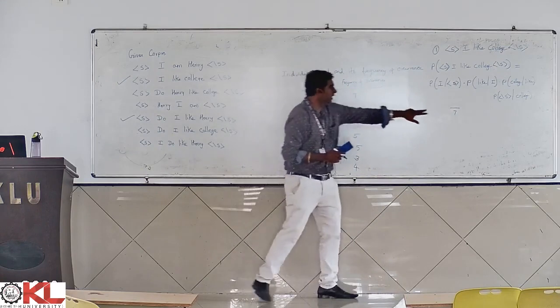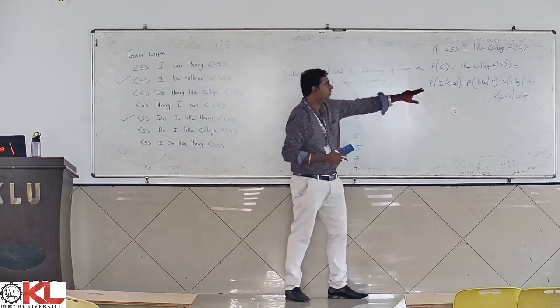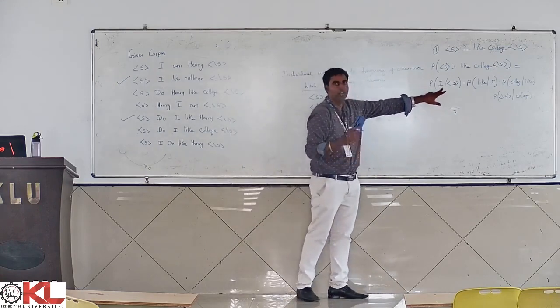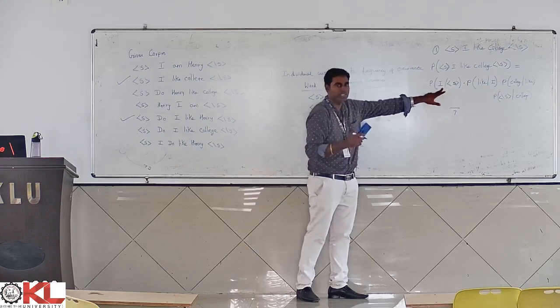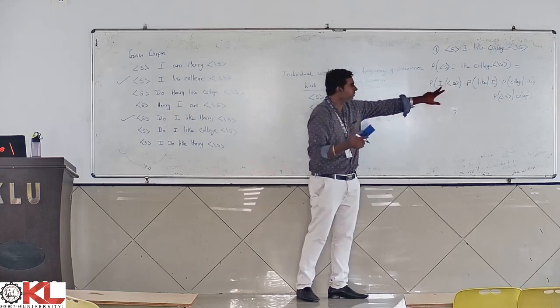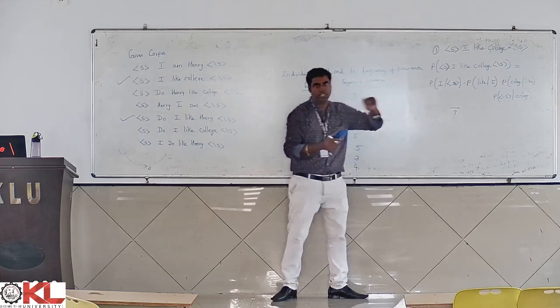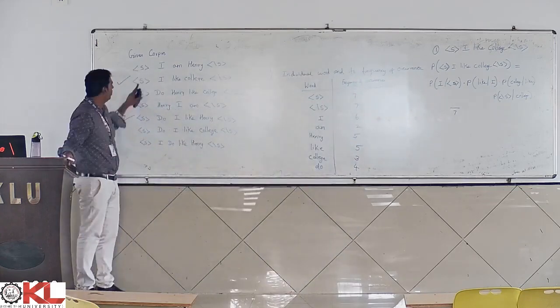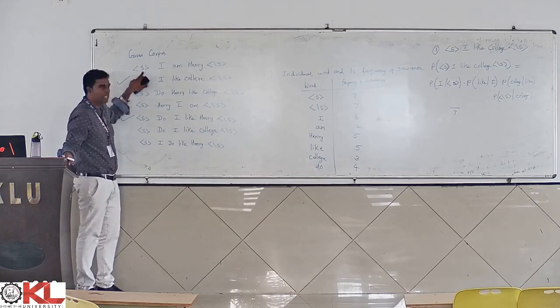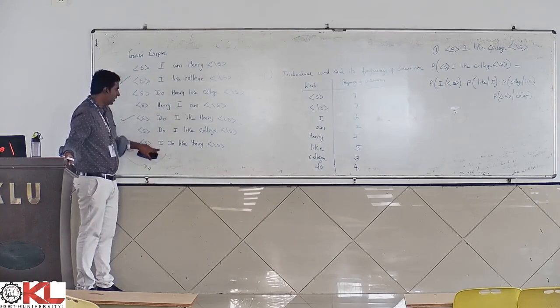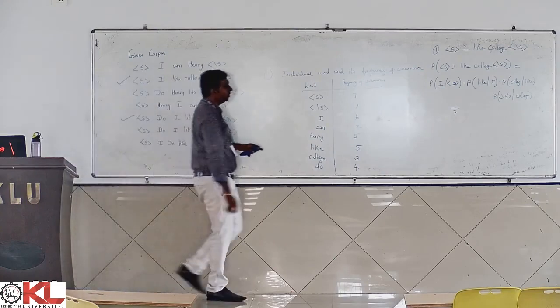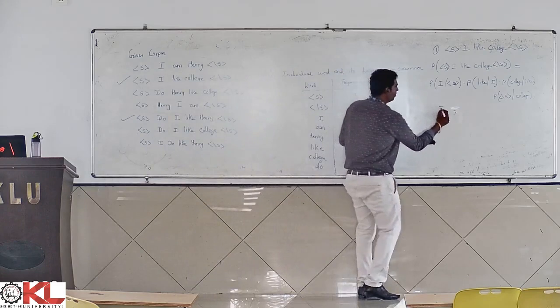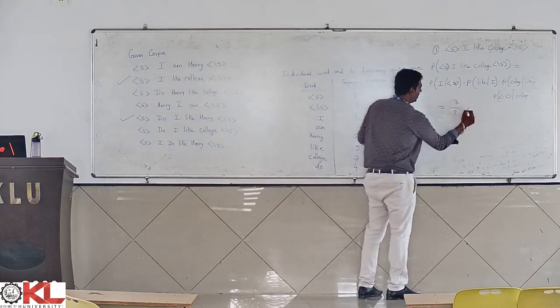Now I have to find out how many times after the start of sentence the word I occurs. I go through the given corpus: 1 time, 2 times, 3 times. So I am writing here equal to 3 by 7, into.